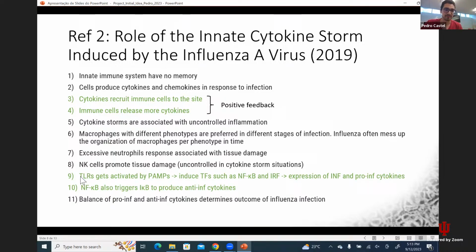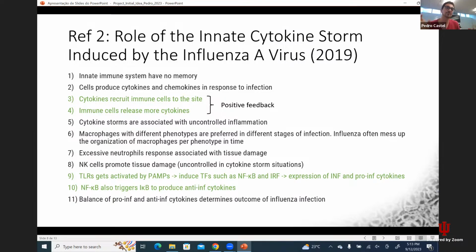Also, another very interesting piece of information is that the cells have receptors that are activated by PAMPs. PAMPs are pathogen-associated molecular patterns, I don't remember exactly, but they are molecules specific to the pathogen.